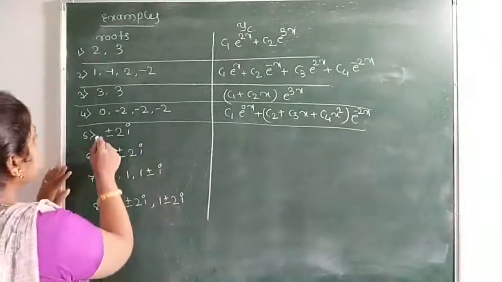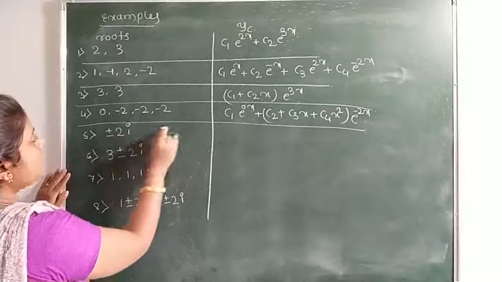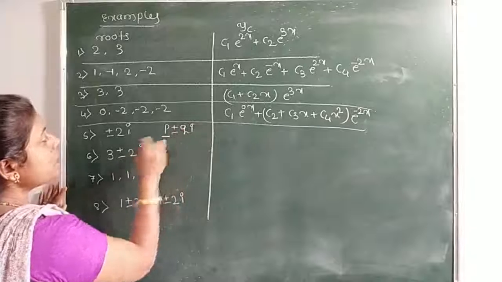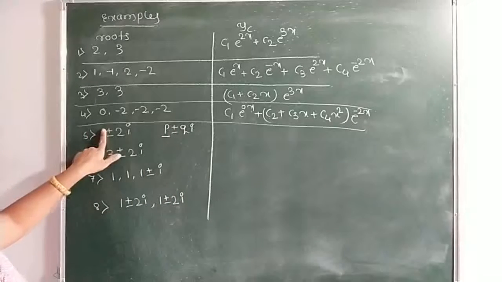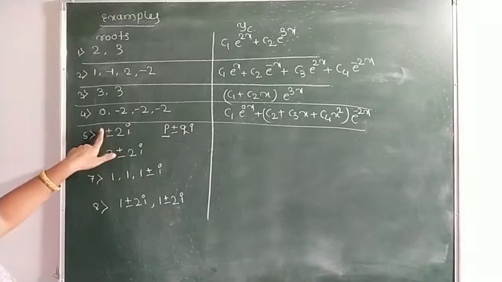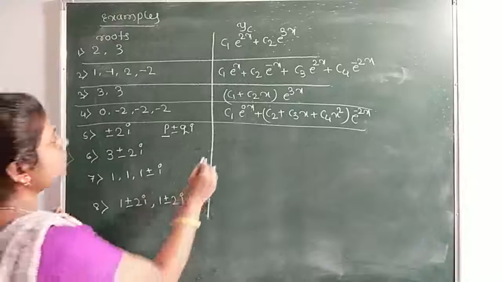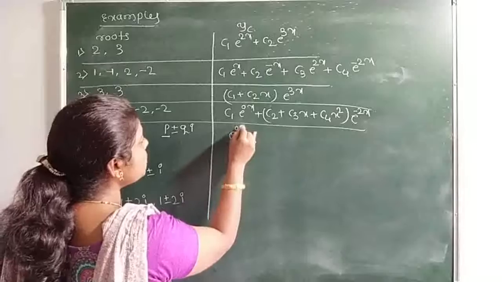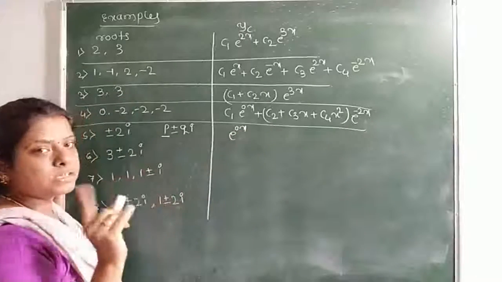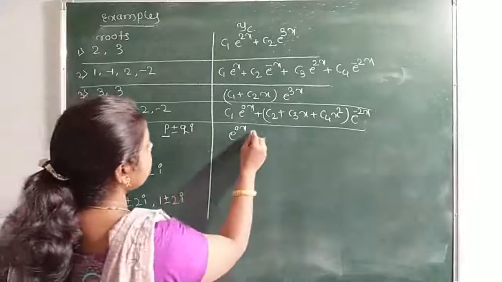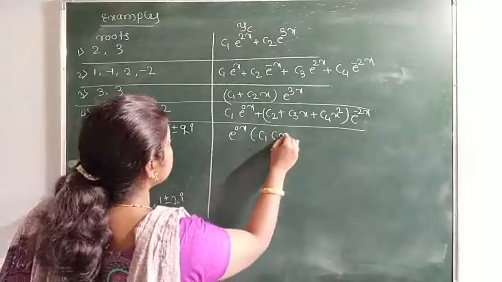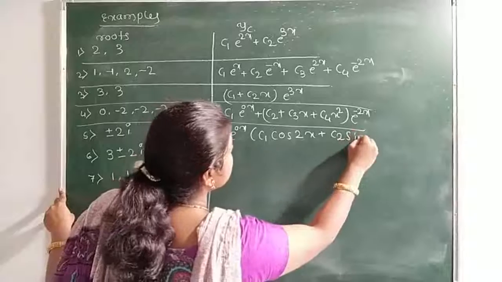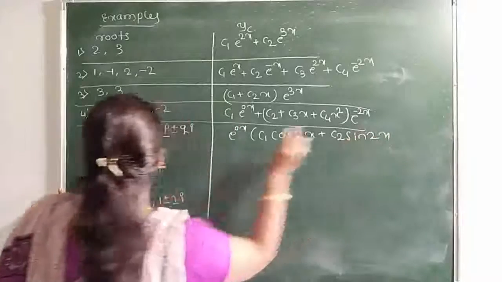Next, here plus or minus 2i. Our condition is p plus qi. Here p becomes 0, so the p term is not there. If you write e to the power 0x, e to the power 0 is 1. So c1 cos 2x plus c2 sin 2x.